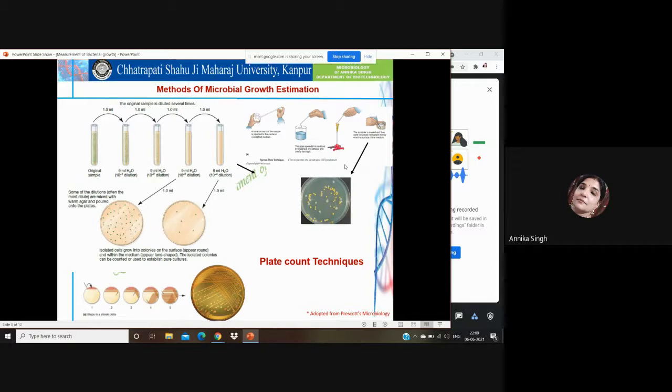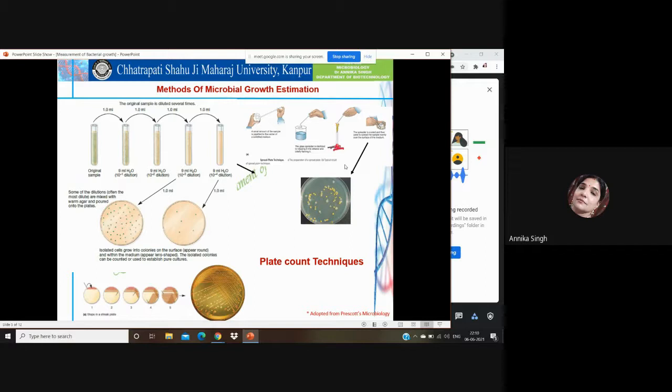Ideally, the sample should yield between 25 and 250 colonies per plate for accurate counting. And once the number of colonies is known, the original number of viable microorganisms in the sample can be calculated from the number of colonies and the sample dilution.